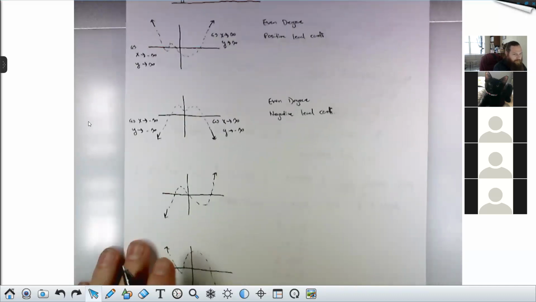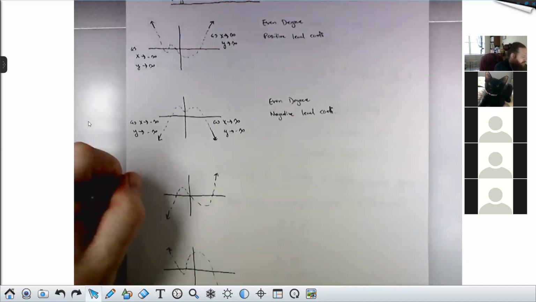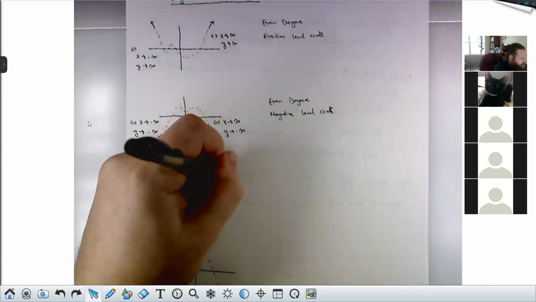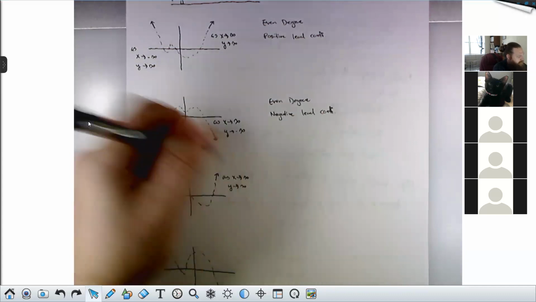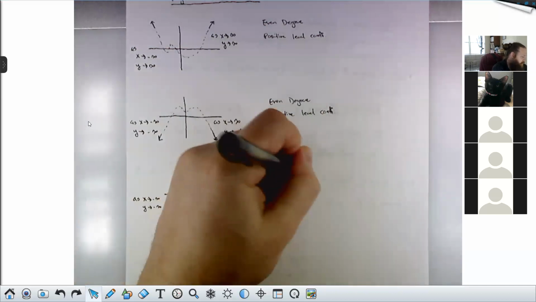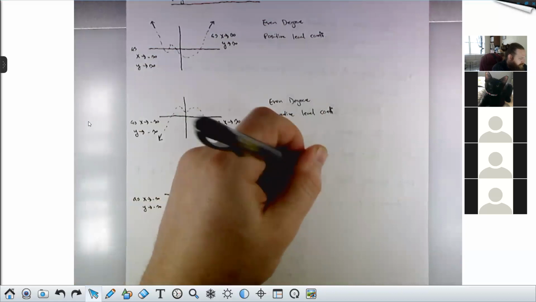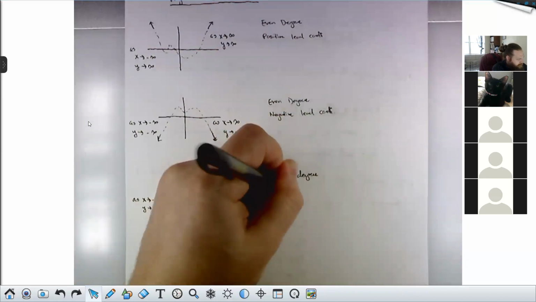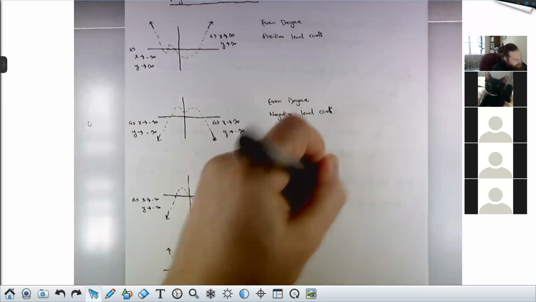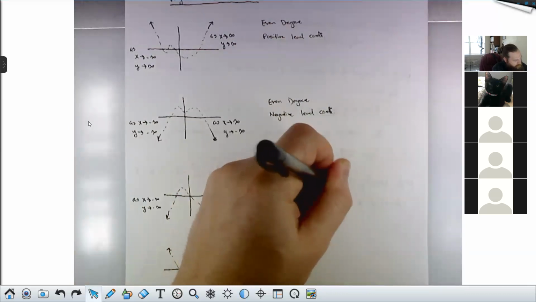I'll go ahead and wrap up these last few. This guy says as x goes to negative infinity, y goes to negative infinity. This guy says as x goes to positive infinity, y also goes to positive infinity. And this end behavior is associated with an odd degree and a positive lead coefficient.